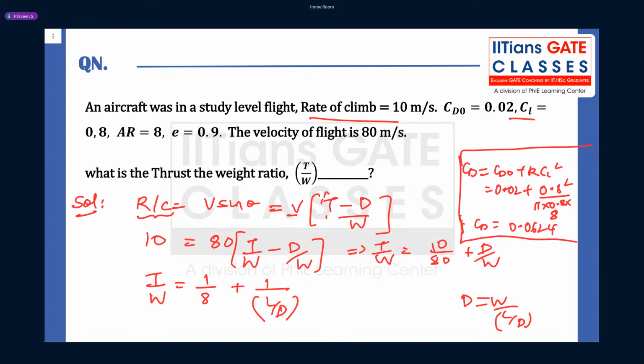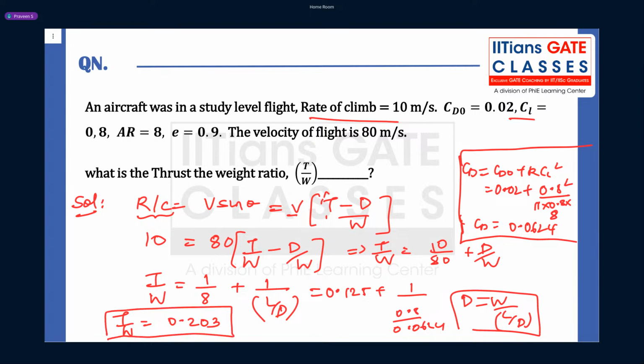So plug in all the data: 0.125 plus 1 divided by 0.8 divided by 0.0624, and the answer turns out to be 0.203. Okay, hope that makes sense to everyone, right?